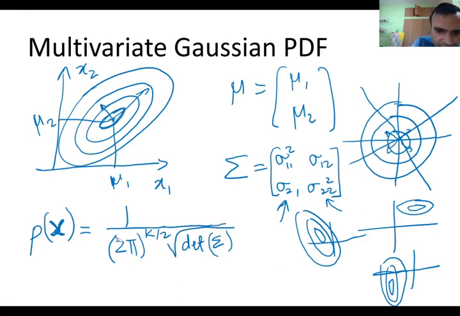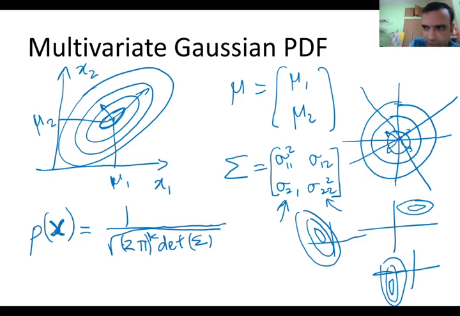Or you can write the whole thing as 1 over the square root of 2 pi determinant sigma, to the power k.